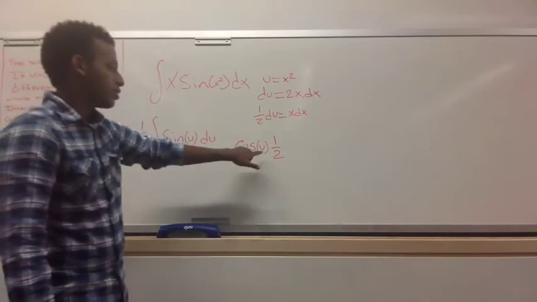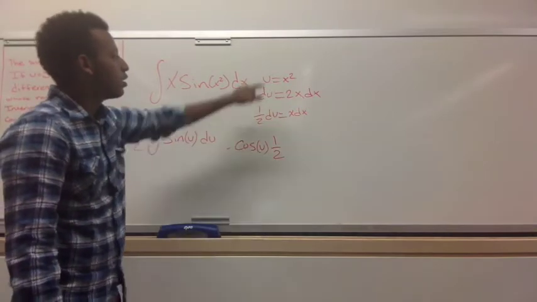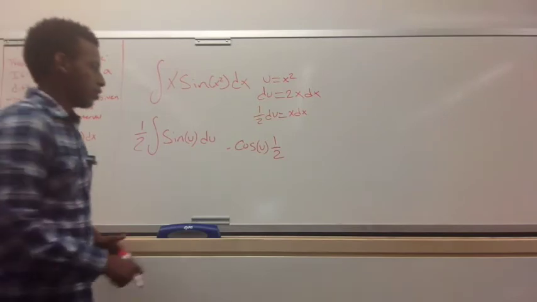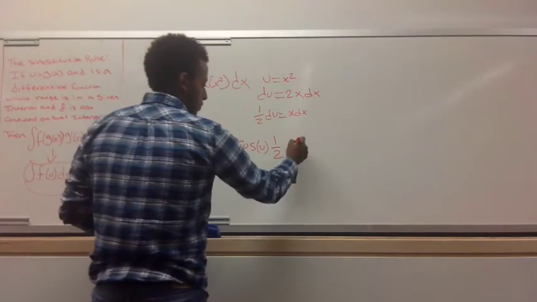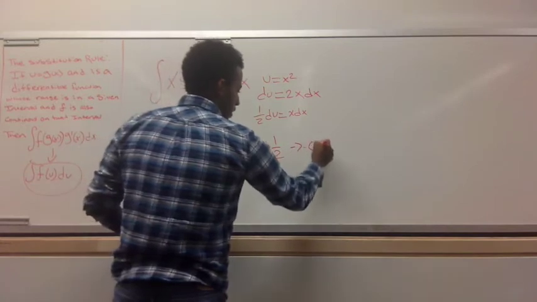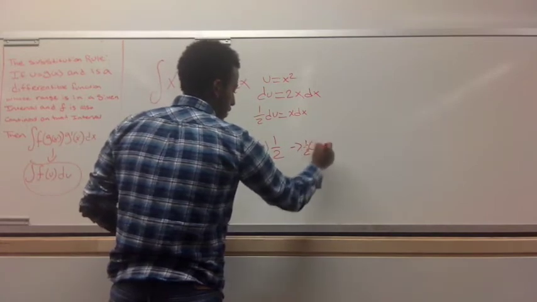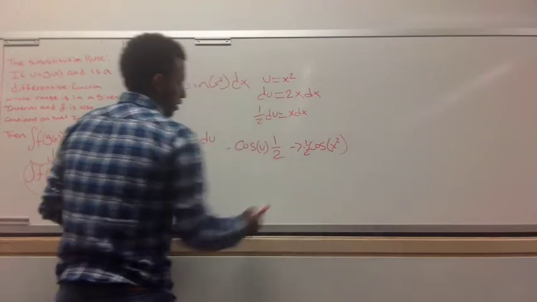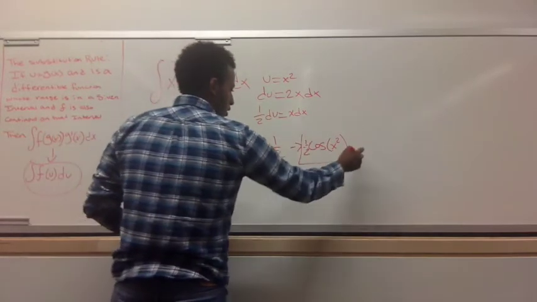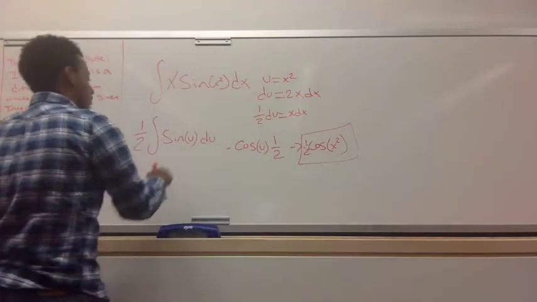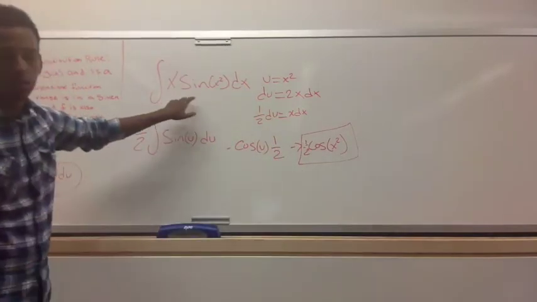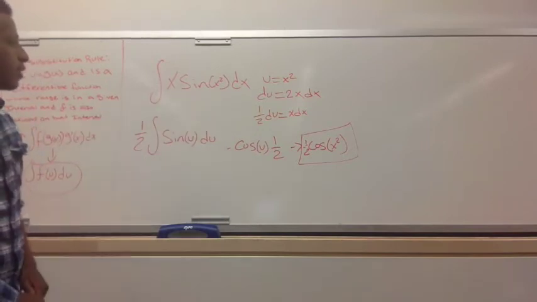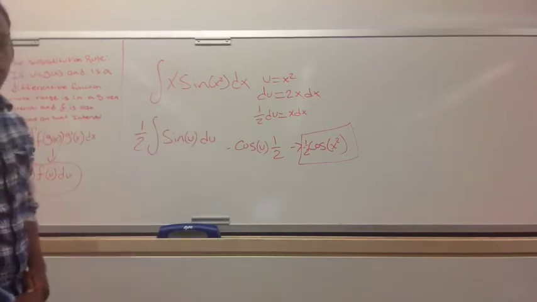But we're not done yet, since we still have to replace the u with its original function, which then becomes 1/2 negative cosine of x squared. And that is the antiderivative of the original integral, x sine of x squared dx.